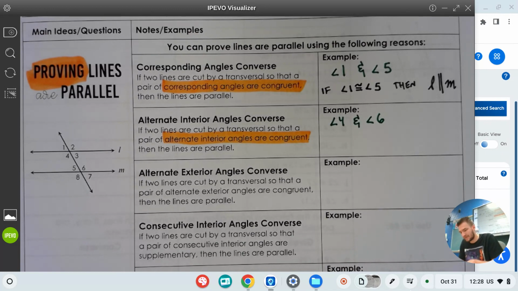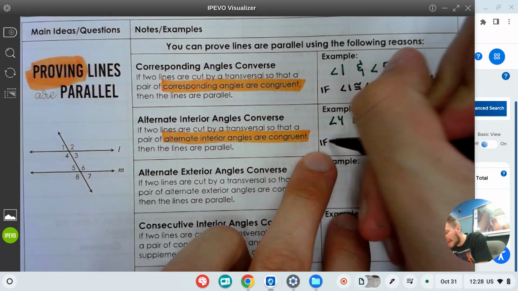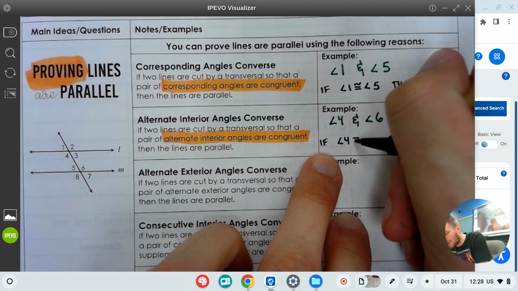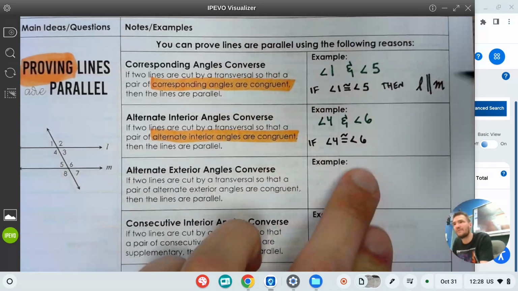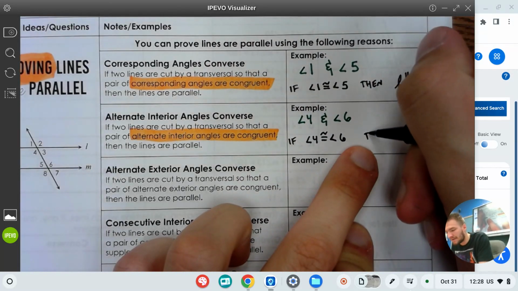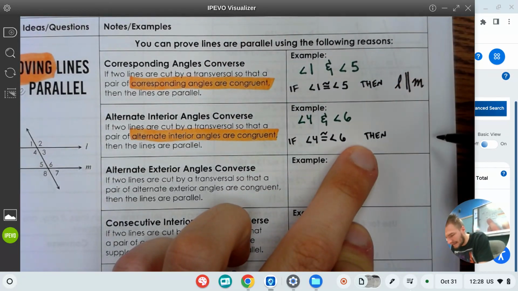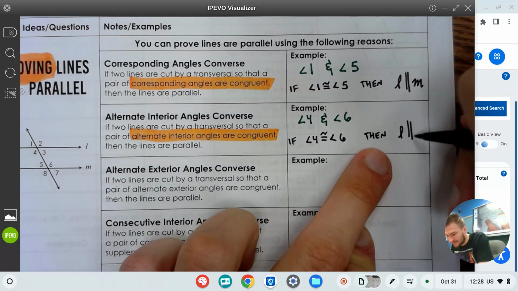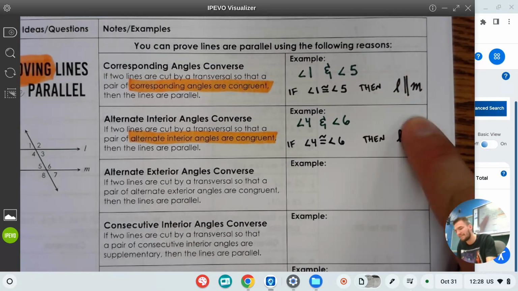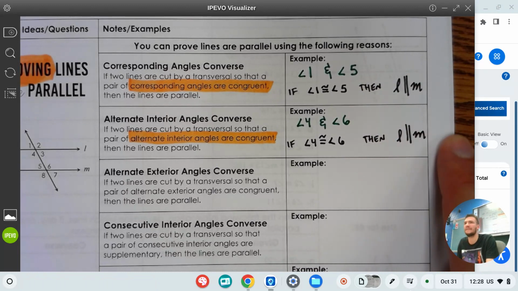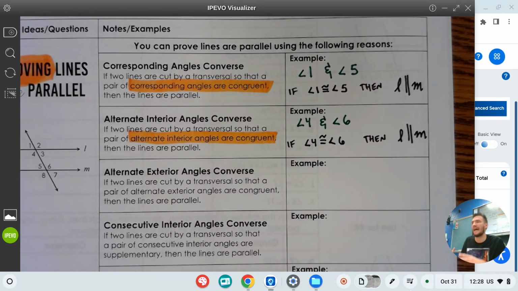Today it's backwards. We say, if 4 is congruent to 6, and then every end of the question is the same: then L is parallel to M. This second part is the end of every single question, because it used to be the beginning of every single question, but we're just doing things backwards today.